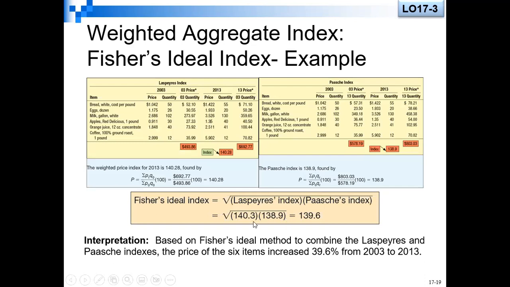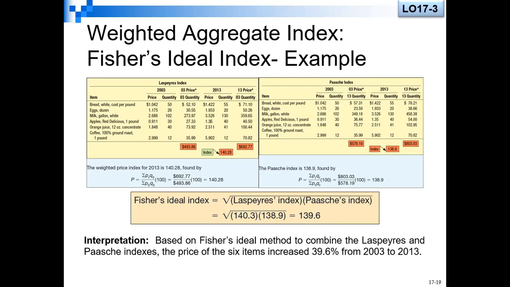And so we take the 140.28 whatever times the 138.9, and we get the Fisher's index, and you can see that the value of the Fisher's index comes somewhere in between the two indexes.